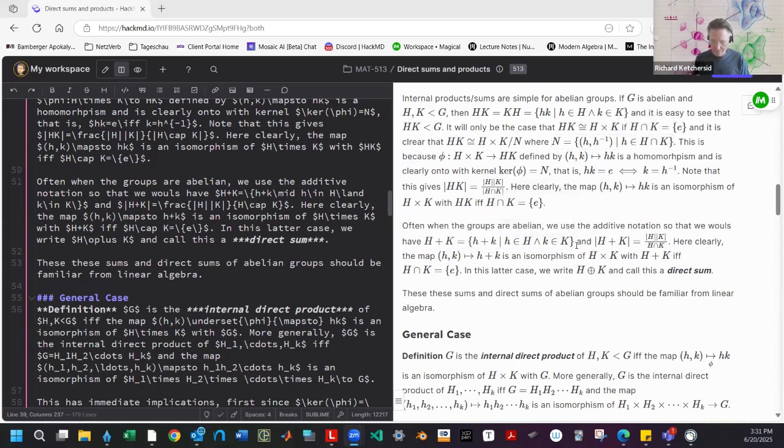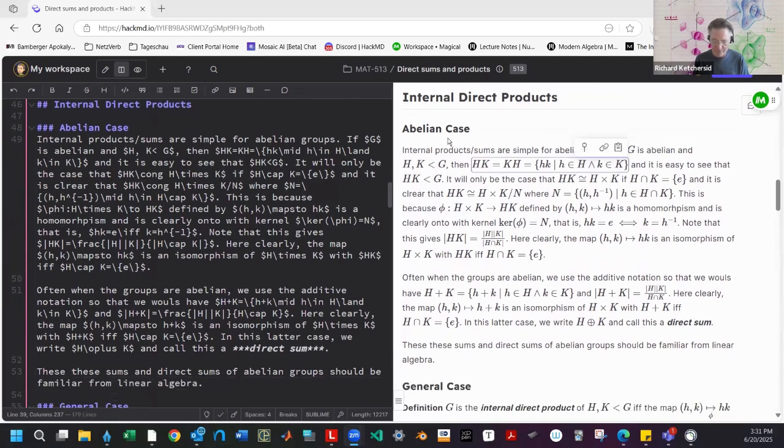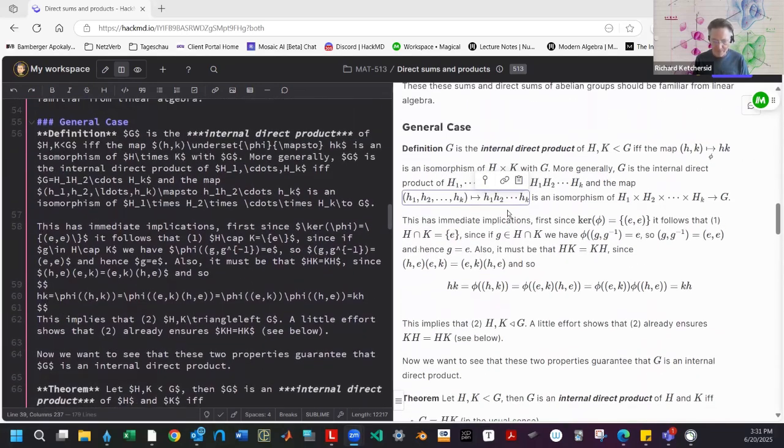Good. Okay. So those are the easy cases. So the external products are easy. Internal products of the abelian case are easy. And now we get to the case where you have to think some. So the general case is that we have two groups sitting inside a group. We're still looking at internal products, right?